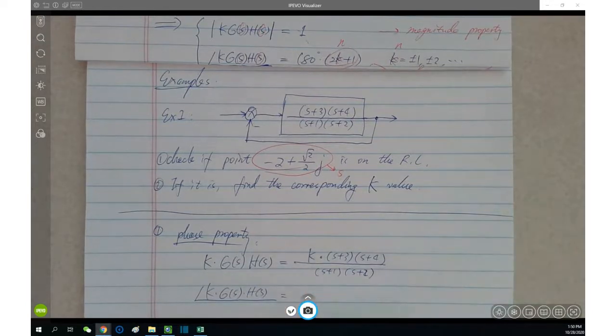The angle of this kind of fraction, or say ratio between two polynomials, anyone knows what is the angle? How about this?